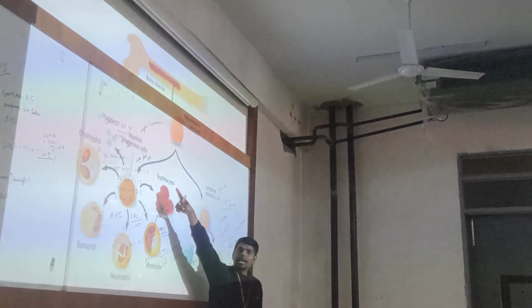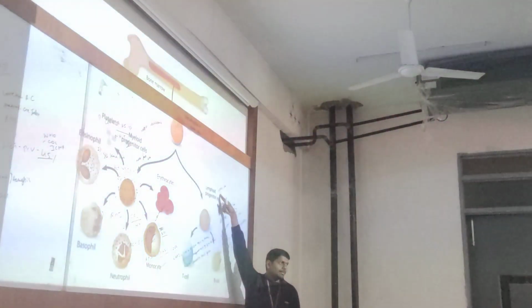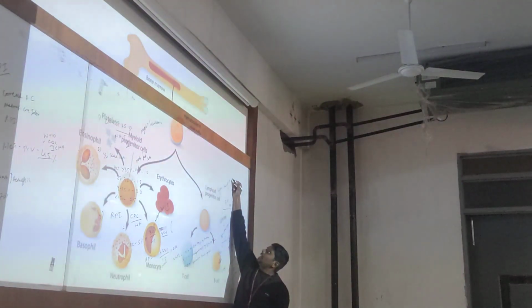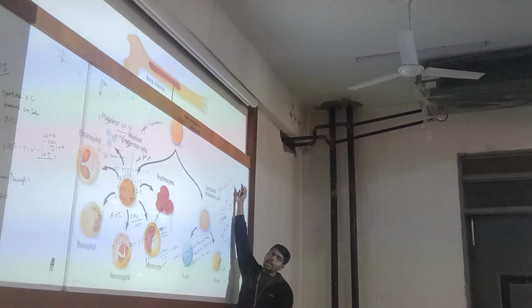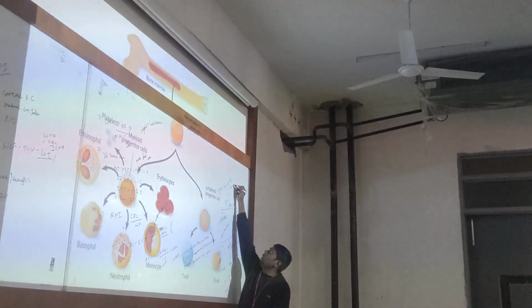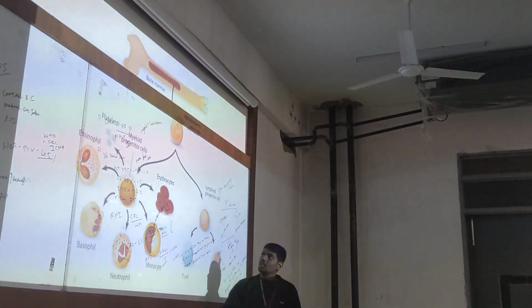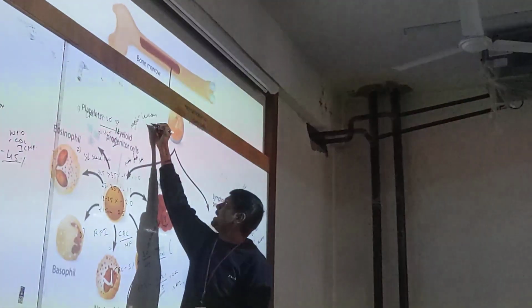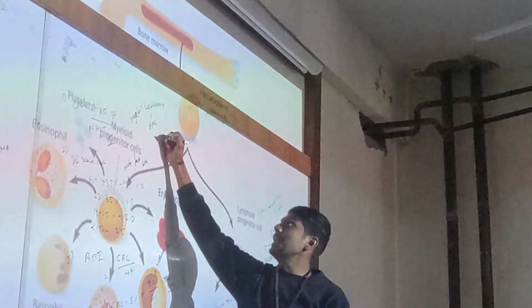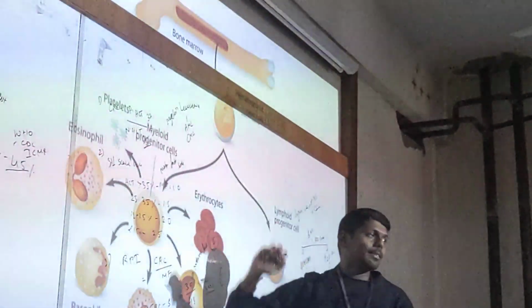Myeloid leukemia and lymphoid leukemia. Now, if this lymphoid leukemia is acute, then that is called acute lymphoid leukemia. If it is a chronic condition, that is called chronic lymphoid leukemia. If myeloid leukemia is acute, then that is called AML, acute myeloid leukemia, and chronic myeloid leukemia.